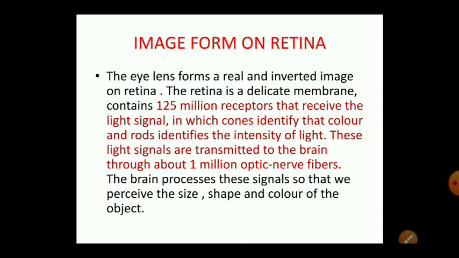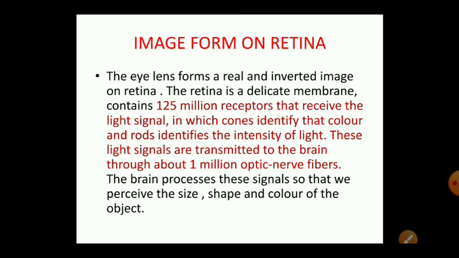Now, image formation on retina. The eye lens forms a real and inverted image on retina. The retina is a delicate membrane that contains 125 million receptors, which receive the light signals.